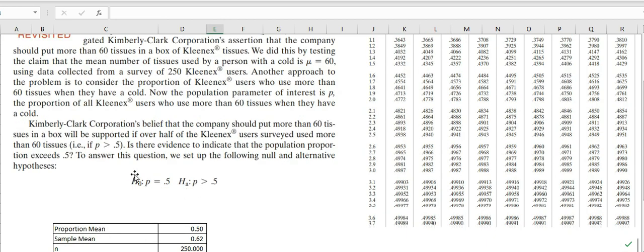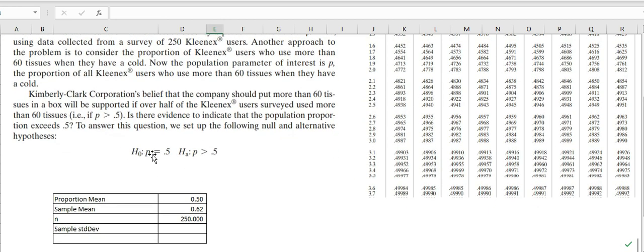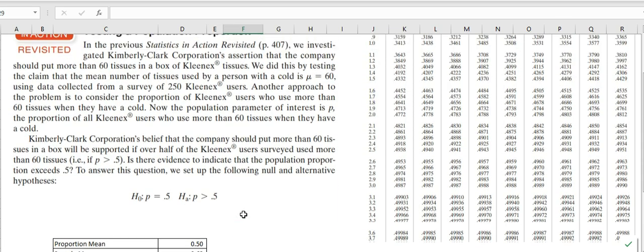This is the null hypothesis that has already been given. It says here that the proportion is 0.5. The alternative hypothesis is that the proportion is more than 0.5. So we will try to check.